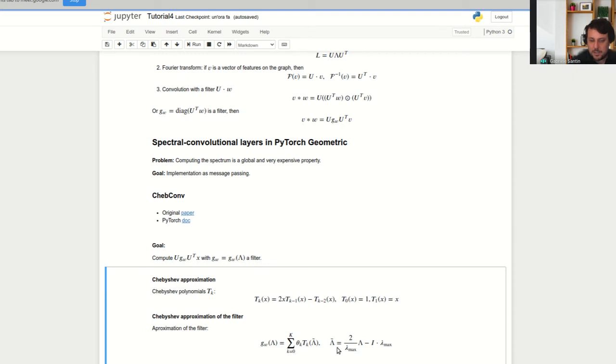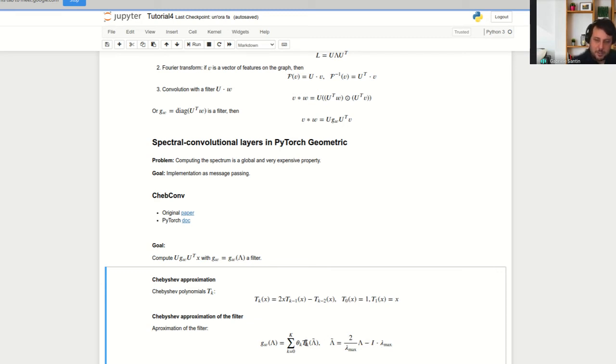Lambda tilde is the diagonal matrix of the eigenvalues of the Laplacian, normalized by the maximal eigenvalue: 2 divided by the maximal eigenvalue times the diagonal matrix, minus the identity.